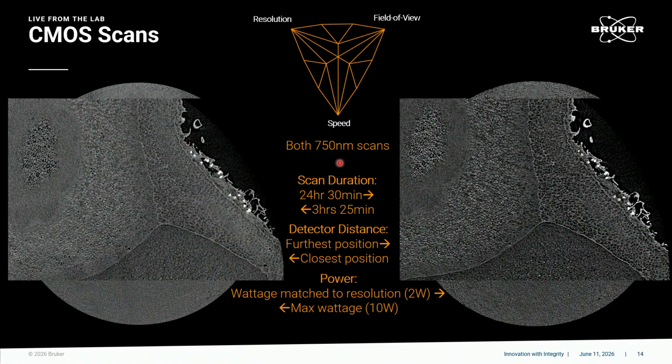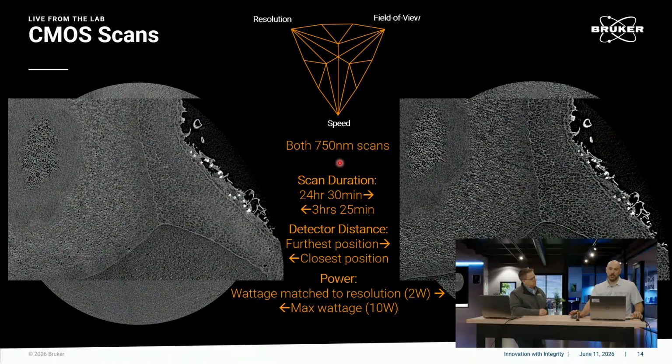So there's no reason for me to go below 2 watts, because that's the best spatial resolution for the transmission source. So if your scan is going to be below the spot size of your source, then just take your wattage to the spot size of your source, which in this case is 2. So that's what we did for this.